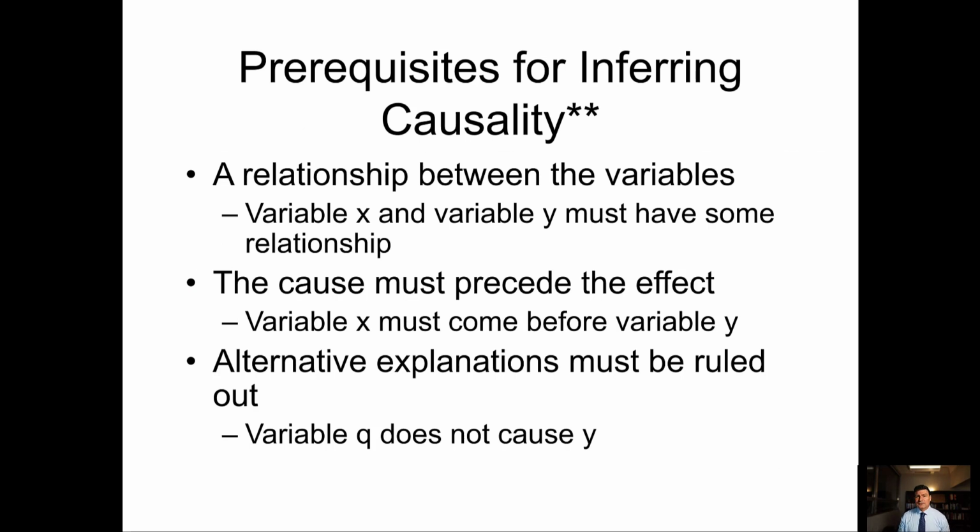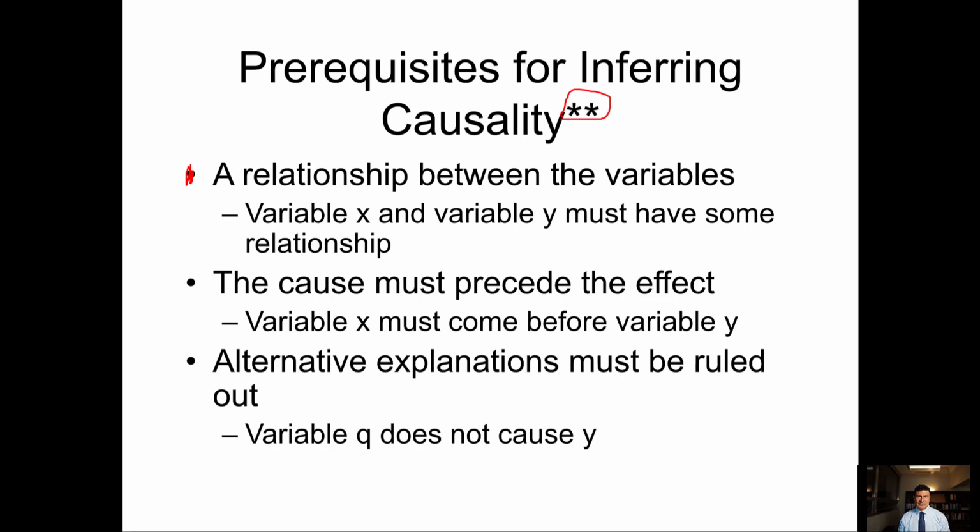So these are what we think of as the prerequisites for inferring causality, for saying something causes something else. So the first prerequisite, and again, when I have 2 stars, it's probably a pretty important concept, maybe you might want to remember this for the quiz, is correlation. There's a relationship between the two variables. So when we're thinking about causality, we need that correlation between the two variables.